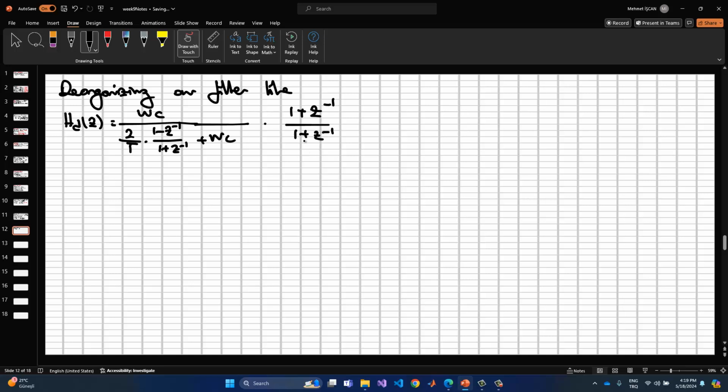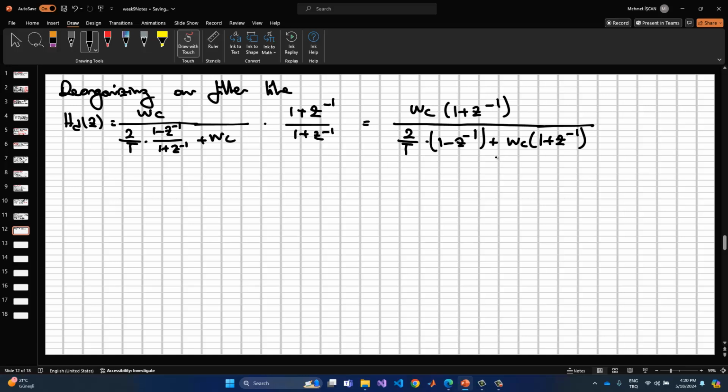This does not change anything in the system. Okay? And so the result is simple: wc (1 plus z^-1) divided by [2 divided by T times (1 minus z^-1) plus wc (1 plus z^-1)]. Okay? This is our filter representation of this signal.